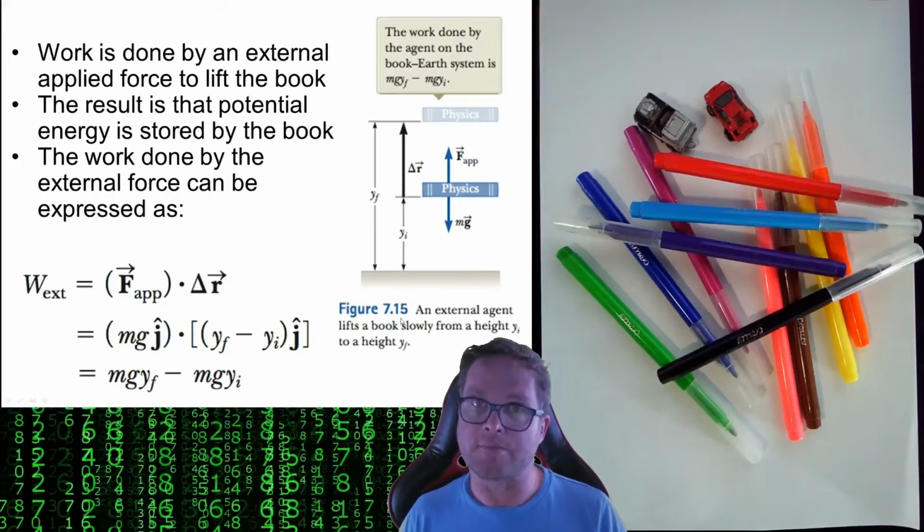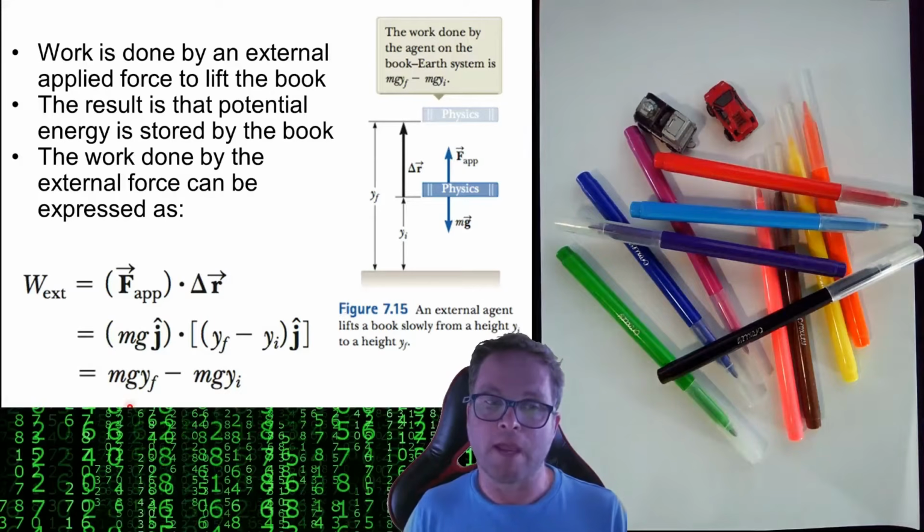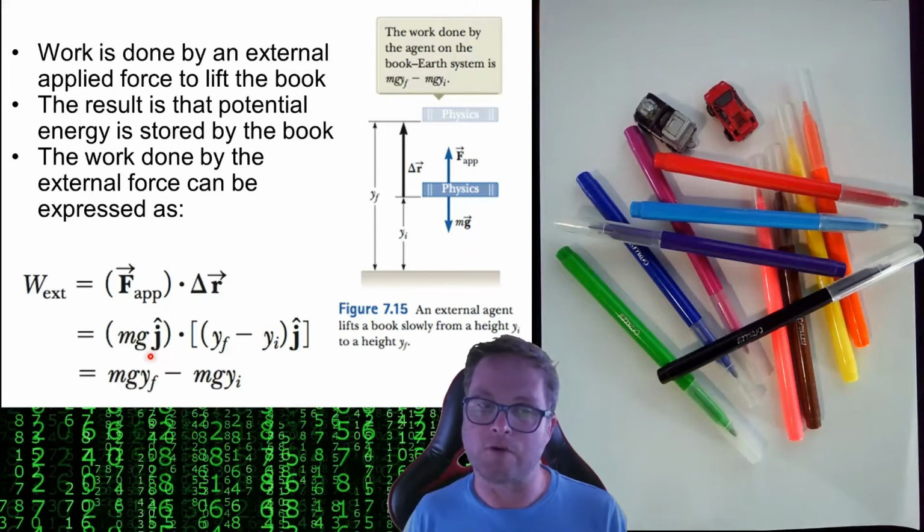The distance that the book is going to move is going to be yF minus yR, and the displacement is also going to be in the positive j hat direction because the book is being lifted upwards. If we take note that when we take the dot product of the individual vectors, j hat dot j hat is just going to be 1. And then using the distributive law of multiplying mg, we get the work applied by this external force is given by this expression here.